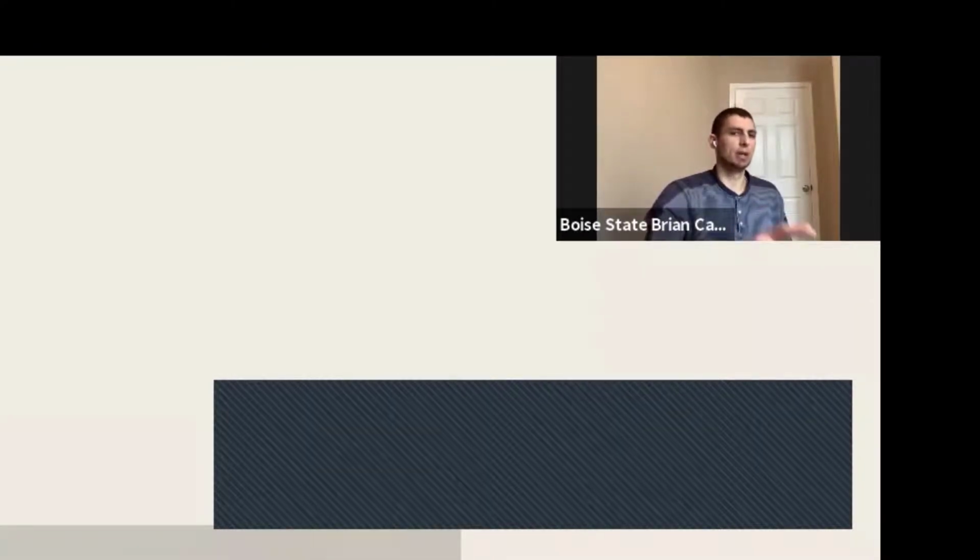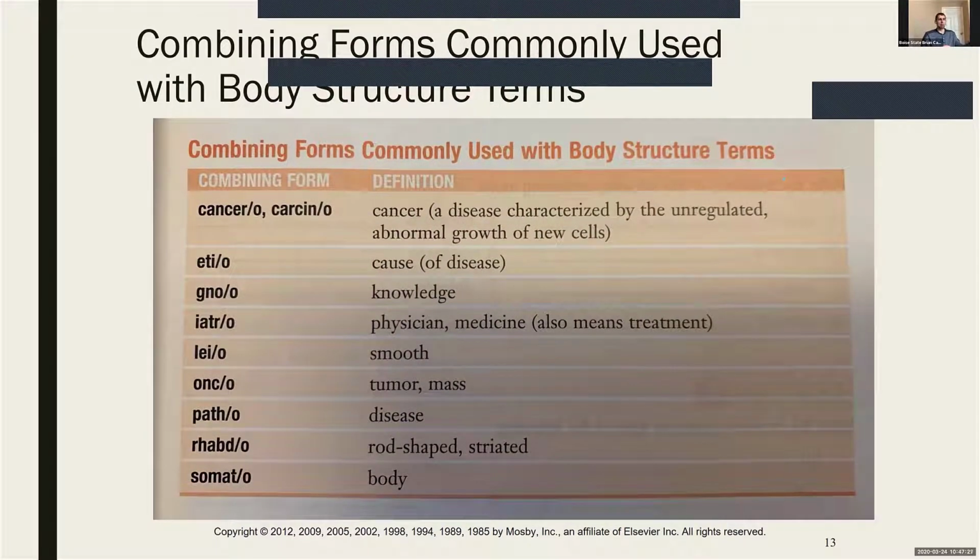And one word we'll see a couple slides from now is iatrogenic, which means that genic, genesis, meaning that the cause of what happened is due to the physician or the doctor or the hospital or the medicine, meaning that someone basically got or had something done to them that caused whatever they had. So if you're not sick and you go to the hospital, and because you're at the hospital, then you get sick, that would be considered iatrogenic, because you got sick as a result of being at the hospital, getting medicine, seeing the physician, etc.